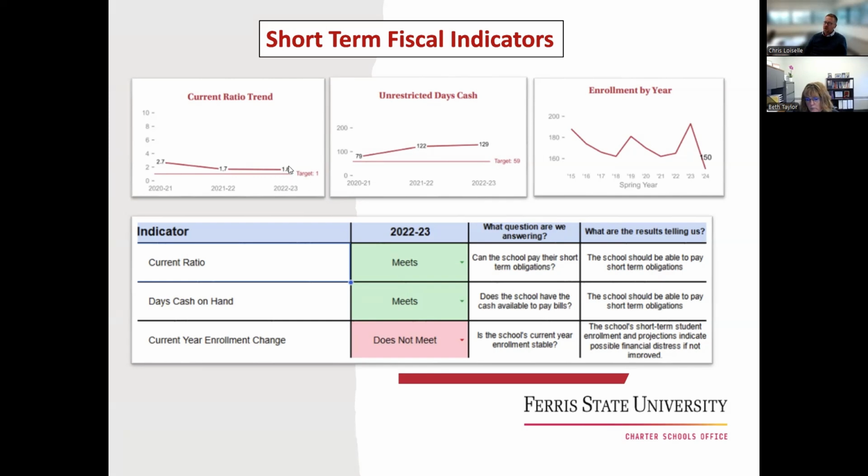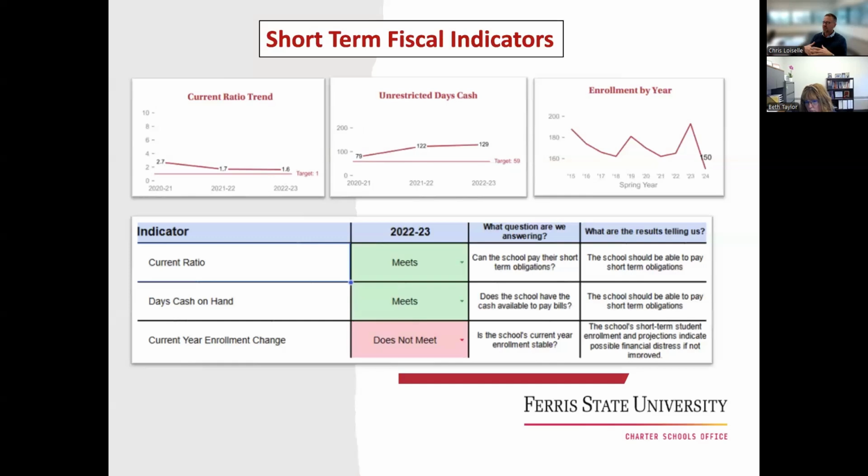If you have a higher number, in this case 1.6, that indicates you have 60% more in current assets than you do in current liabilities. That's financially healthy. The other area in short-term indicators we use is unrestricted days cash. Now, we've set a target of 59 days, which is the cap is 60 days.